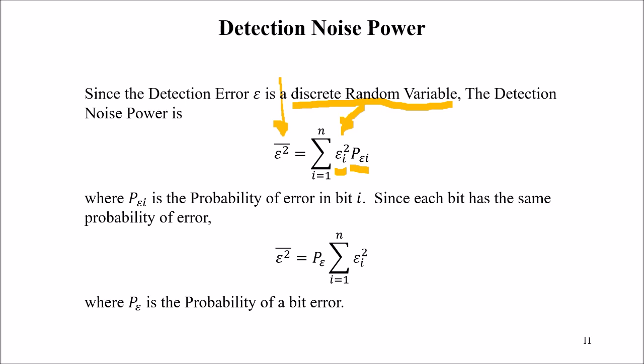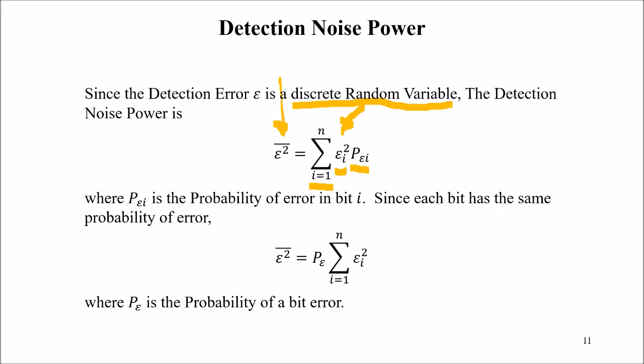So the expected value of the error squared, which will give us the detection error power, is equal to the summation over I, which is the bit number from 1 to n, of epsilon sub I squared times the probability of that particular bit being in error.